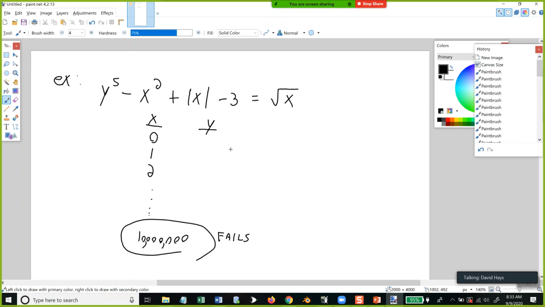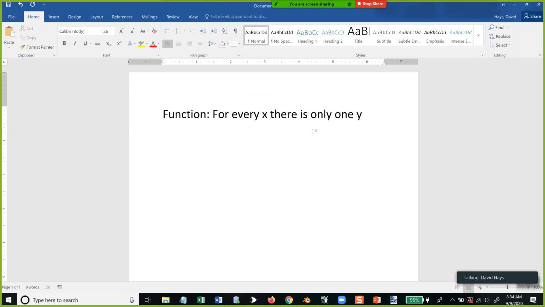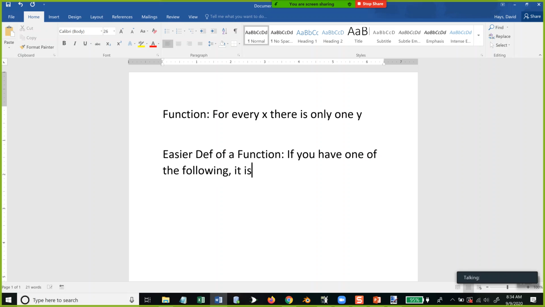Okay, actually, let me leave that up there. And we'll come back to that. Now we got an easier definition of a function. And it says, if you have one of the following, it is not a function. If you have y to an even power, it's not a function. If you got the absolute value of y, it's not a function.